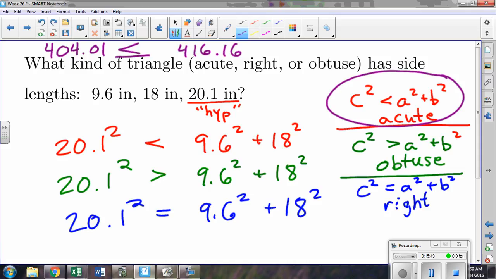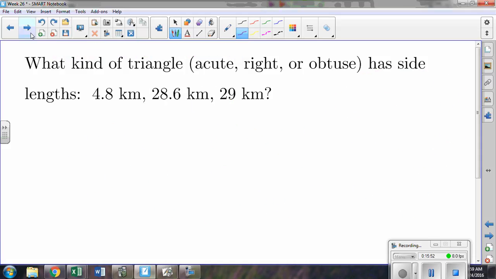Let's go over another example for this. Which kind of triangle is this one? Acute, right, or obtuse? Where do we need to begin? We know that we're going to wind up comparing c squared to the sum of the other two squares.